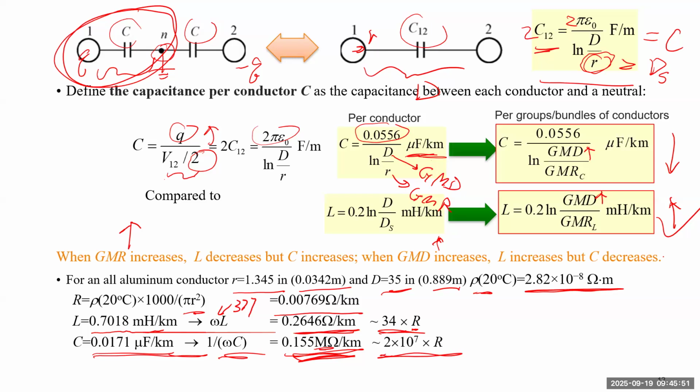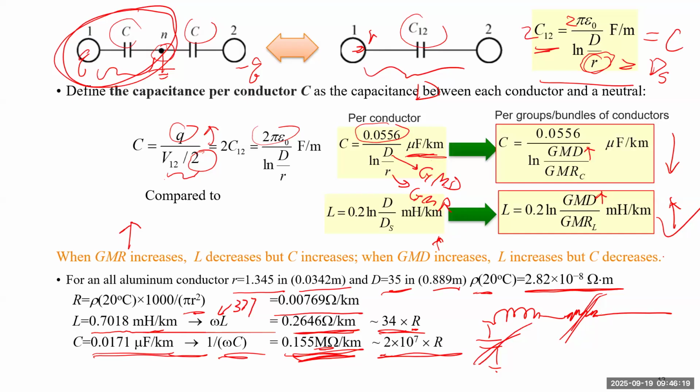Which means this line can be treated as an inductance connected to a resistance, and to the ground there's a capacitance. If you use a circuit to model this line, the resistance can be ignored compared to the inductance, and the capacitance can also be ignored because its reactance is too large.